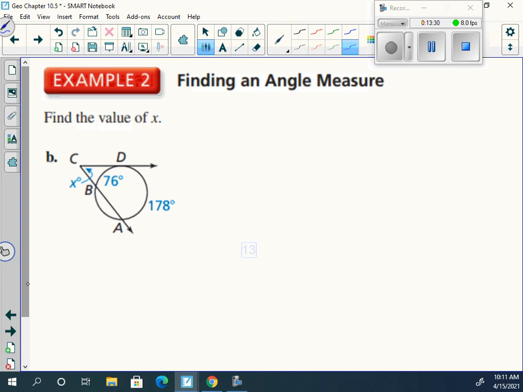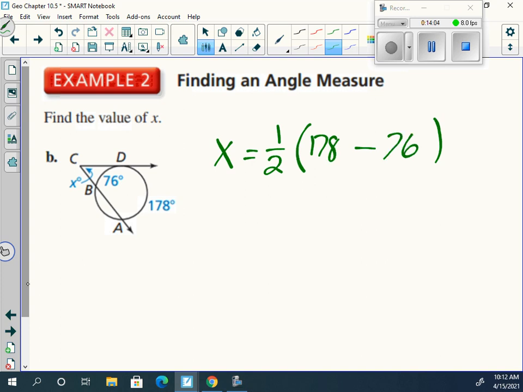So when we look at the next one here, since the angle is outside, where the two lines intersect is outside of the circle, we would be subtracting. So x, the angle where the two lines intersect, is equal to 1/2 of the bigger arc minus the smaller. So our bigger is 178, our smaller is 76.